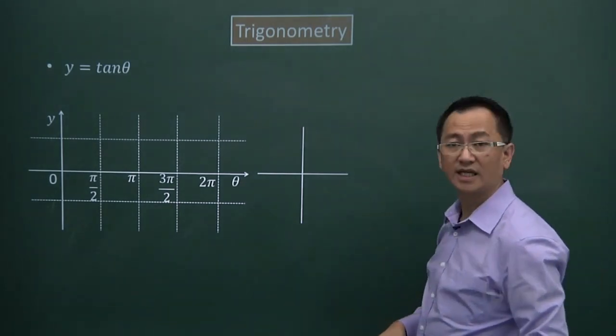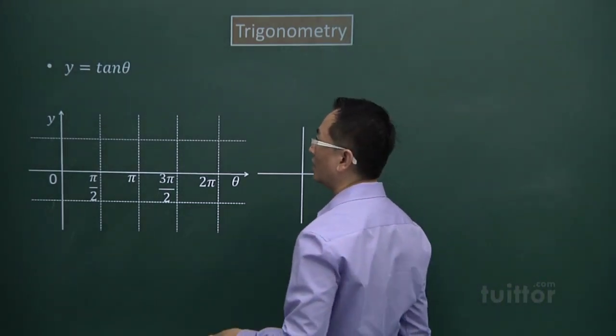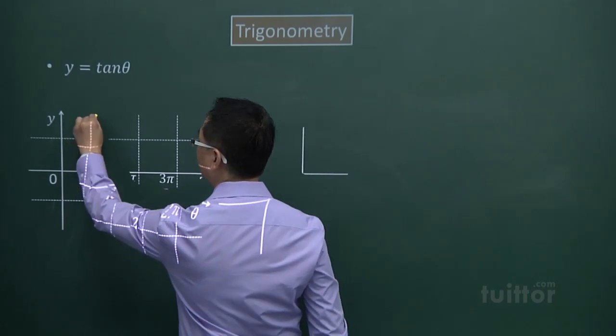So for the next function, tangent theta, the graph is like this.